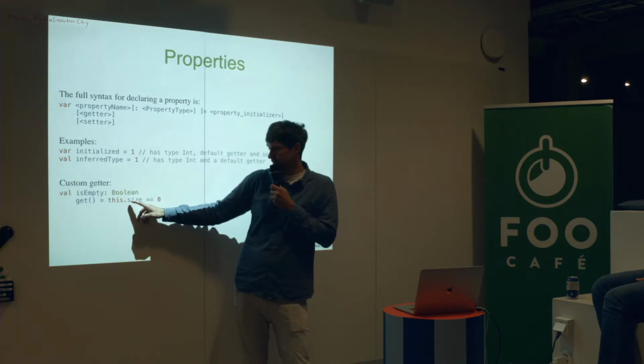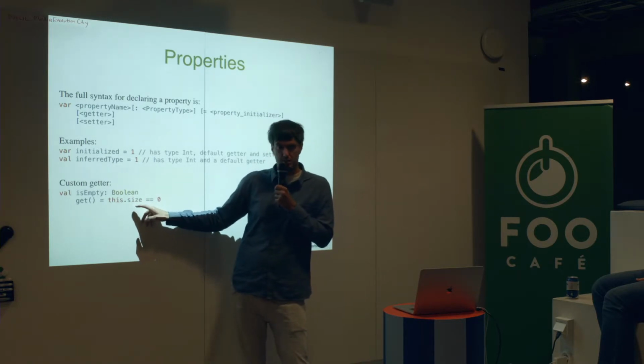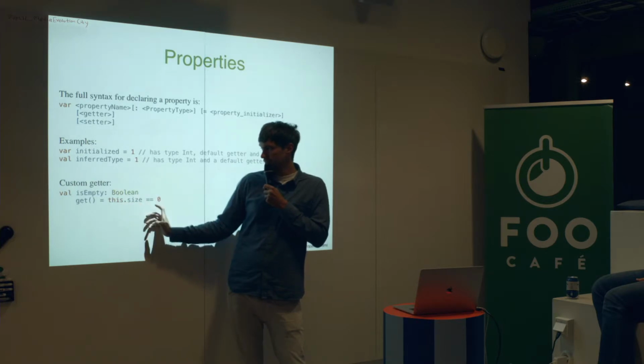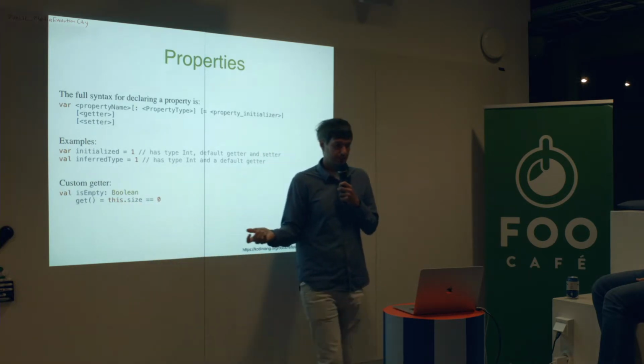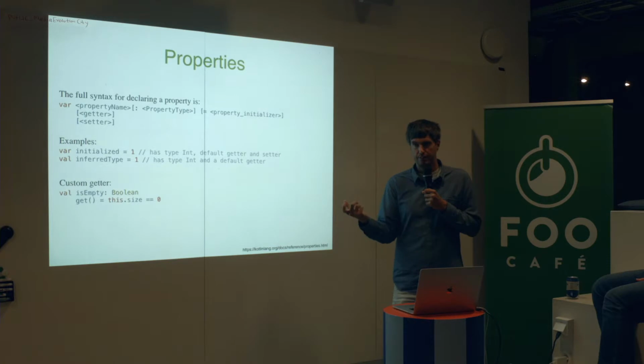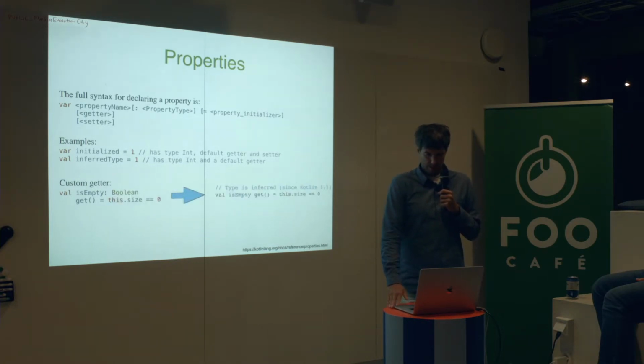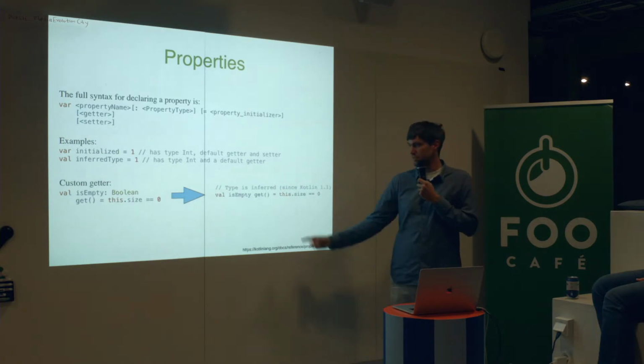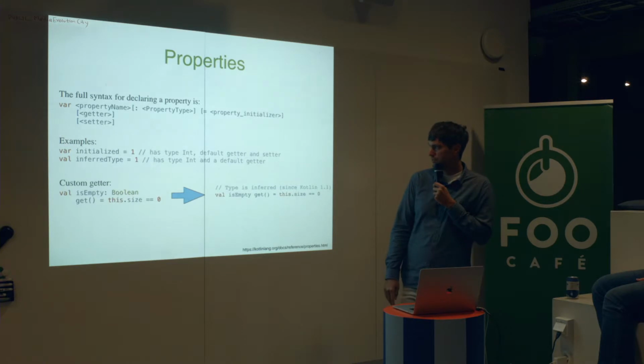It only references other properties inside this class. So Kotlin figures this out and doesn't actually generate a field for this property under the hood. This is kind of nice. And as of Kotlin 1.1, you can actually write this as one line as well.